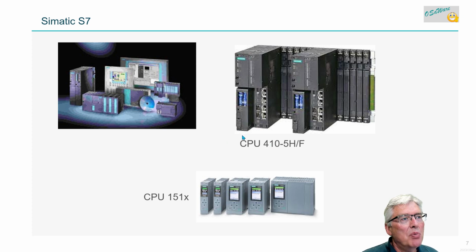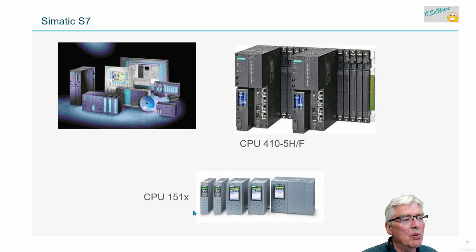They made a new CPU, CPU 410 HF, hot standby, fail-safe CPU, which means you have two CPUs. If one fails, the other one is going to take over. There are some fiber optic cables connected for information exchange. And then they moved into S7 1500 and 1200.